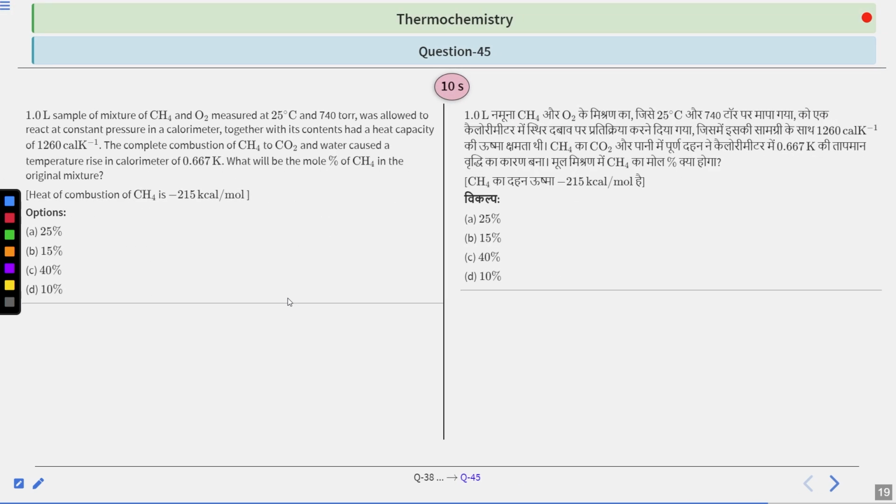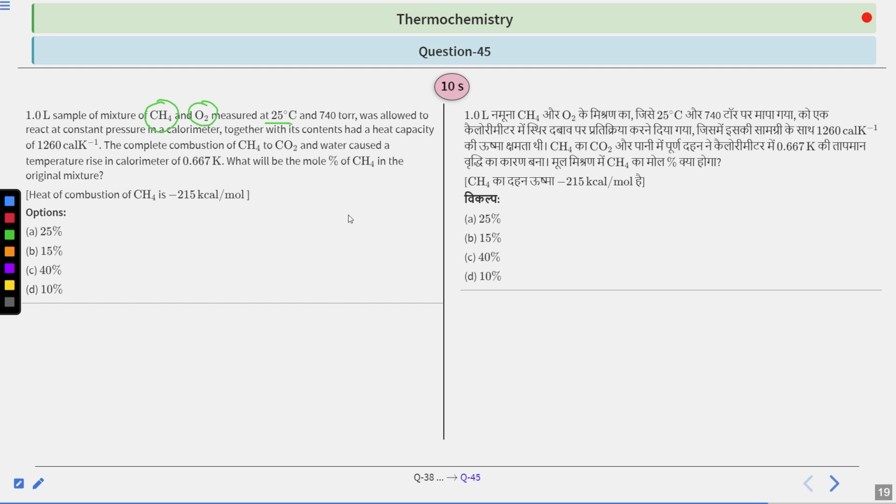Question number 25. A 1 liter sample of a mixture of CH4 and O2, produced at 25 degrees Celsius and 740 torr, was allowed to react at constant pressure in a calorimeter with a heat capacity of 1260 kilocalorie. The complete combustion of CH4 to CO2 and water caused a temperature rise in the calorimeter of 0.667 Kelvin.